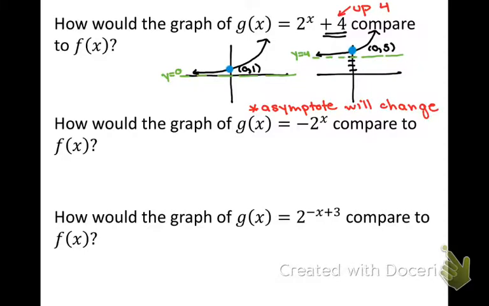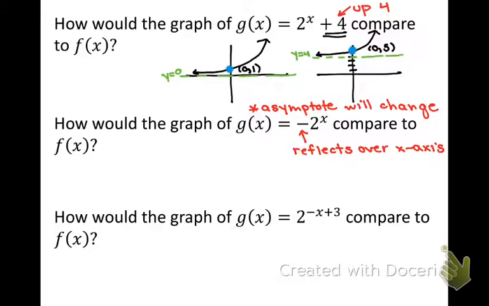All right, now we've got g of x equals negative 2 to the x. When I have that negative in the very front, it flips it over the x-axis. Just like that comparison to our parabola, that negative in the front flips my parabola downward over the x-axis.